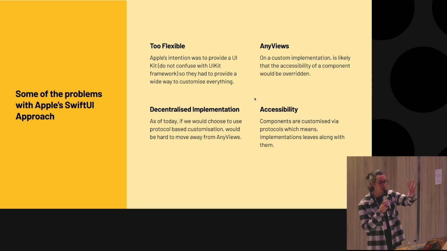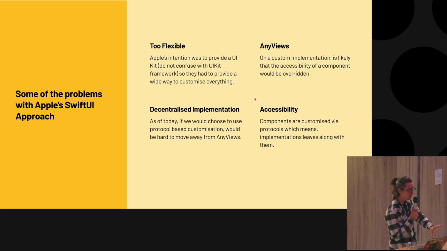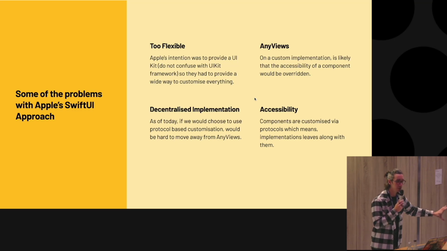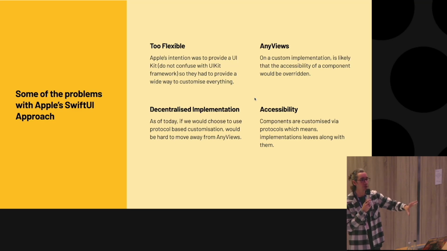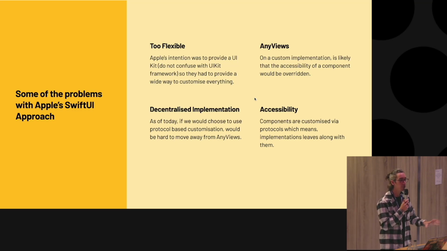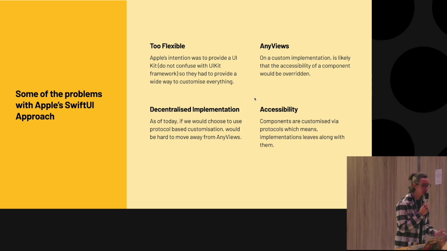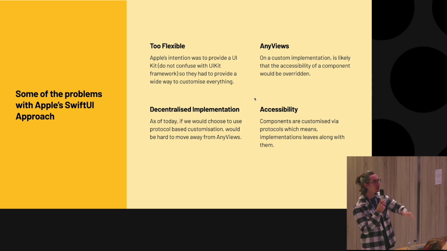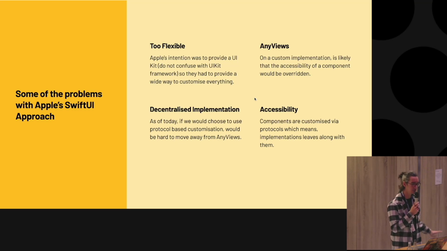You have three different implementations in three different places. This becomes a problem because the decentralized implementation is a backdoor for anyone to do whatever they want. And when we talk about accessibility, you have to reproduce accessibility in three different places, four different places, however many customizations you have. There's a way to overcome this problem, but it's not ideal.